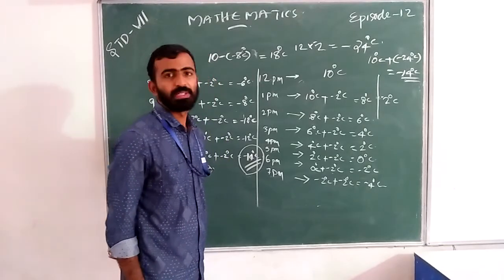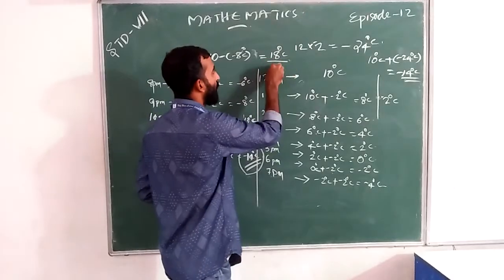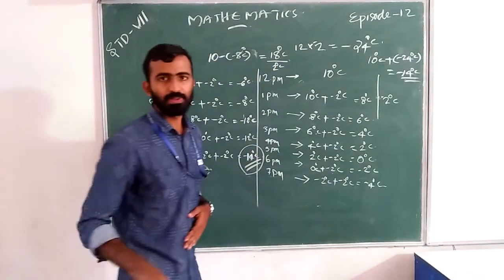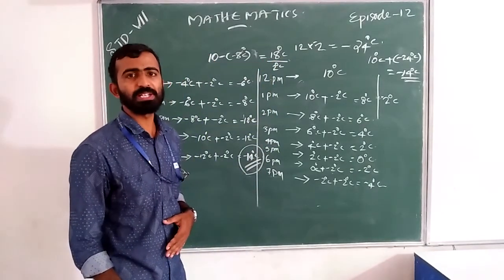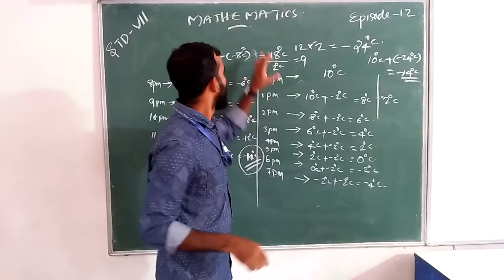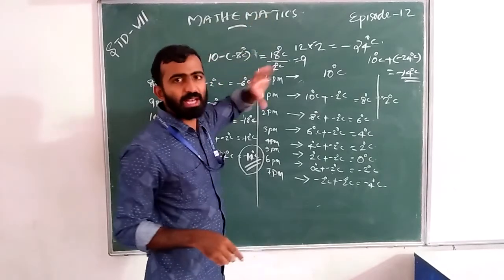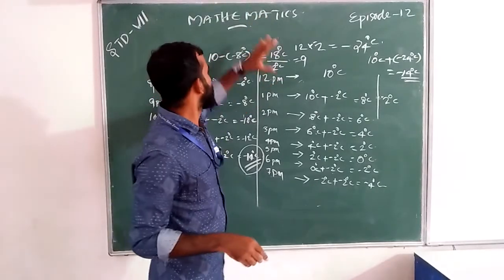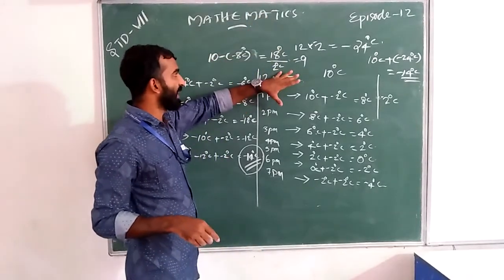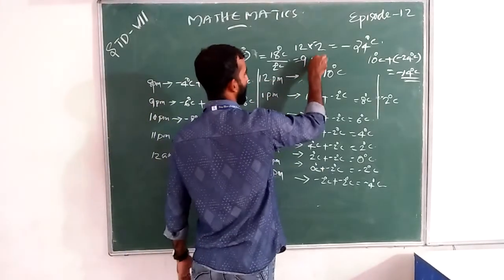Then we divide by 2 degrees Celsius per hour, and we get the answer 9. That is, the current total is 18 degrees Celsius divided by 2, and we get 9 hours. That is 9 p.m.